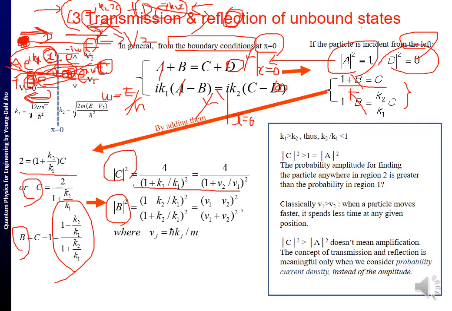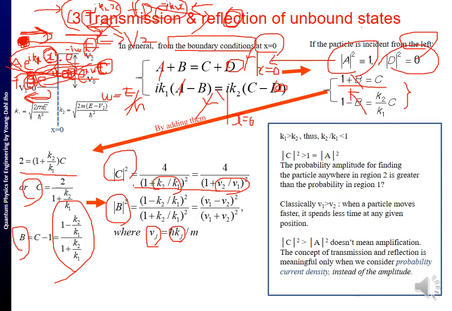So 4 over 1 plus k2 over k1, where k2 over k1 is replaced by actually the velocity ratio v2 over v1. This is not frequency actually, this is just velocity, because velocity for a certain region j is equal to h bar kj over m.